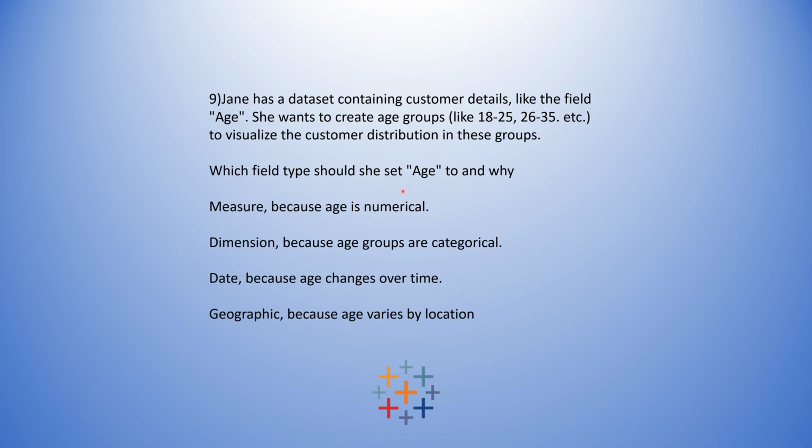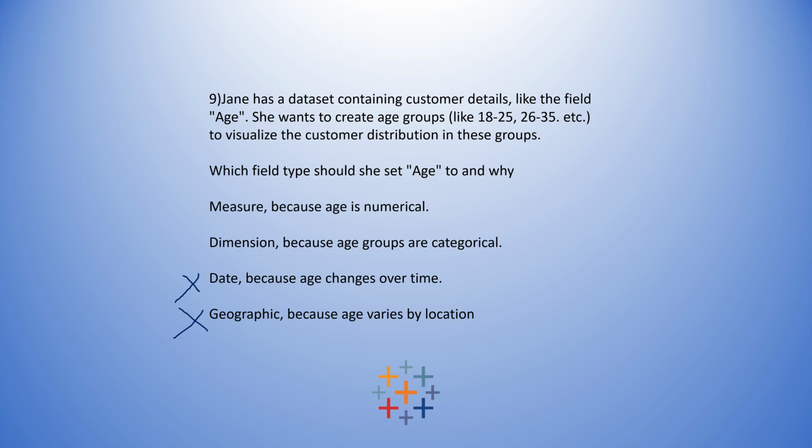So age should be set as which field type? Measure, dimension, date and geography. So of course date is not the correct thing. Geographic is also not the correct thing. We'll eliminate that. We have two options left, measure and dimension.